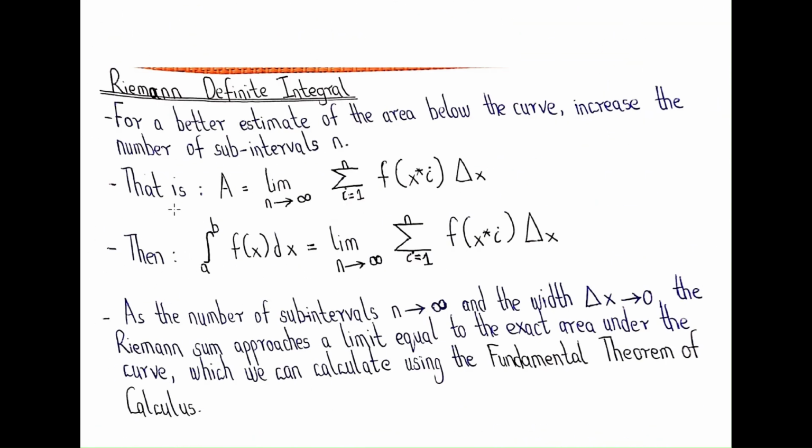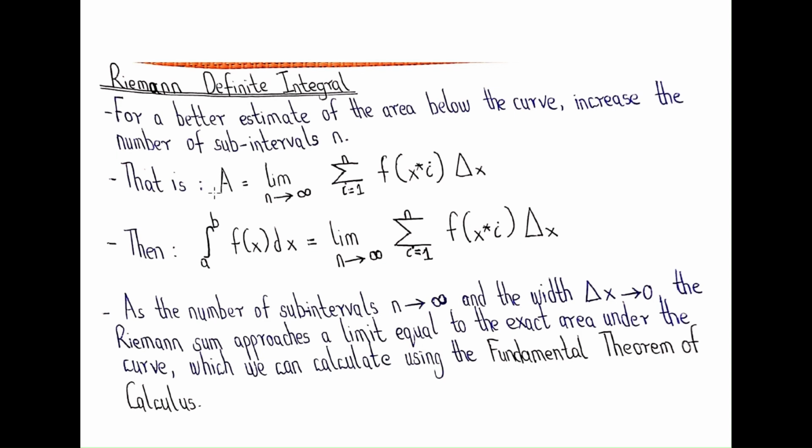So that is, the area is equal to the limit of the summation of f of x star i times delta x, where i is from 1 to n, as n tends to infinity. Then this area will be equal to the definite integral of f of x from a to b.